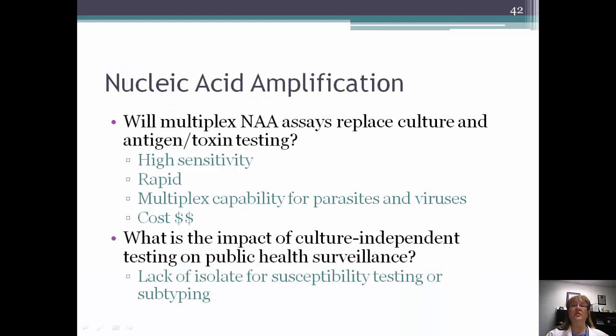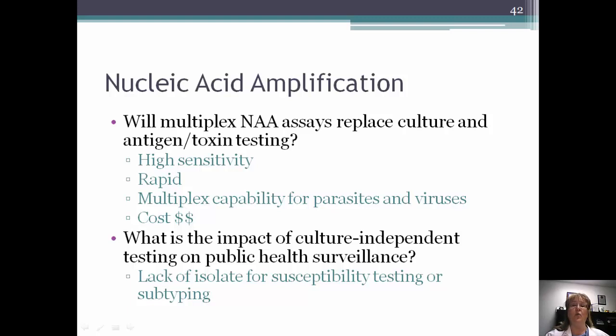So the question is, will nucleic acid amplification assays replace culture and other antigen or toxin testing? They do have a high sensitivity. They're fast. Again, they do have that multiplex capability, so you're not only looking for just bacterial pathogens in some of those assays, you're also looking for parasites and viruses. But again, they are associated with the cost. And some people may think that the cost is more than they want to bear for the results that they get.